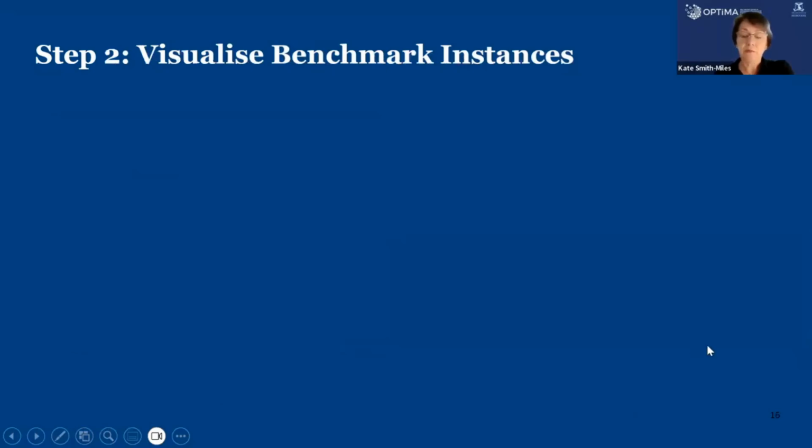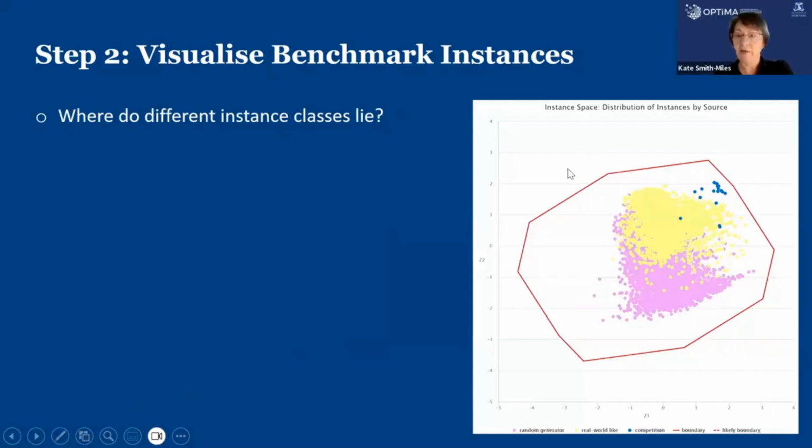So we do the mapping and we get a 2-dimensional instance space that looks like this. So Z1, Z2 are my coordinates from the 2-dimensional projection. The red boundary is a mathematically defined boundary within which all timetabling problem instances can theoretically lie. It's derived by looking at the features that were selected, those 5 features, and considering the upper and lower bounds of each feature.